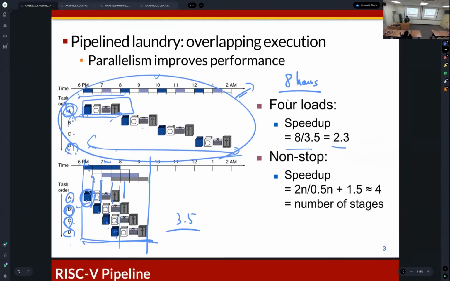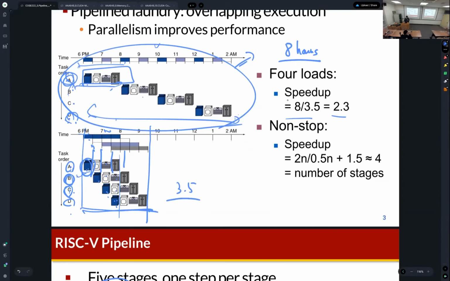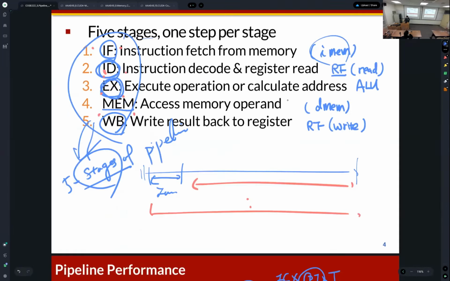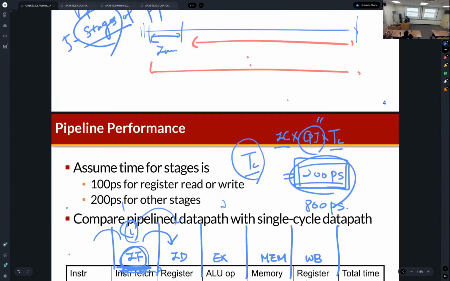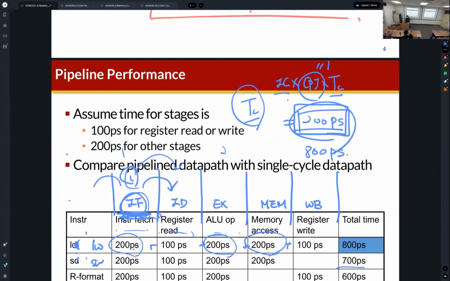If we consider the CPI of these multiple instructions, even when the pipeline idea is applied, this pipeline processor can receive a single instruction every clock, right? So CPI is 1. It's the same as the single cycle processor. So actually CPI is not 1 for the pipeline processor.